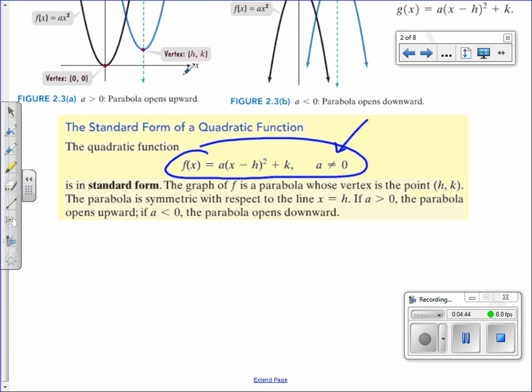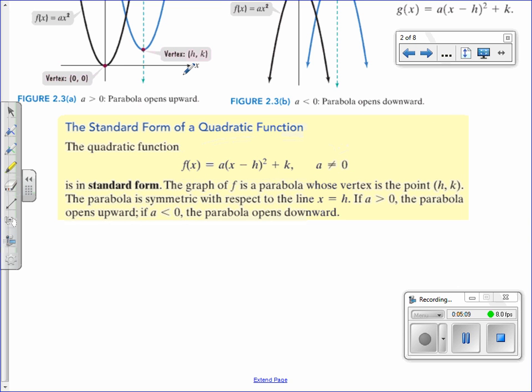If this was a 0, then that x squared will be 0, right? So then we will just have f of x equal k. And what type of function will that be? Say it. A constant function, right? Because k is just representing a number. So yes, that's why it's important we say a is not zero. Very nice.